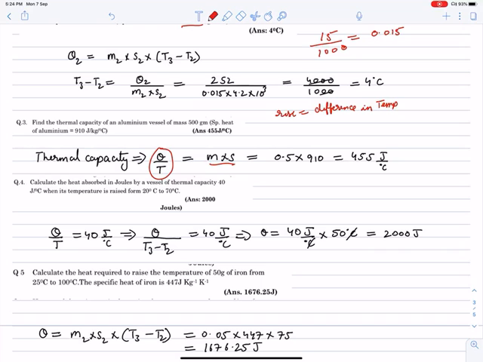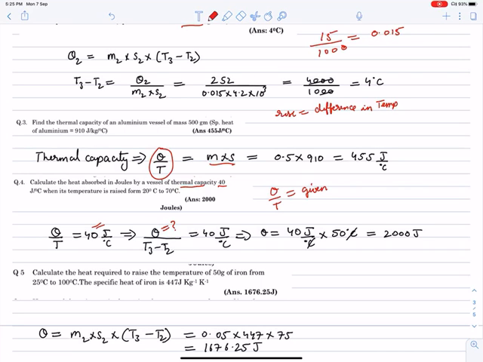You have given the thermal capacity, meaning Q upon T is given, so I put this 40. T3 minus T2 is given, it is simple, shift it here, so it will come 2000 joules.